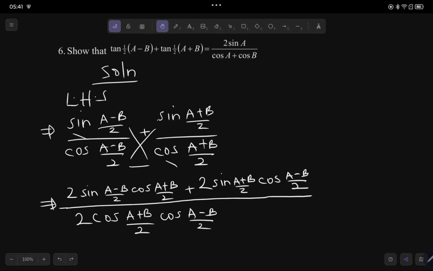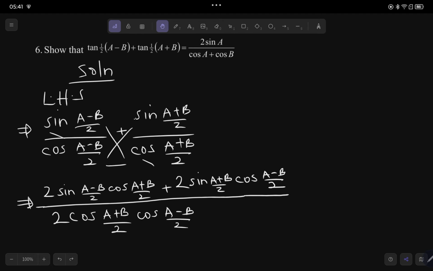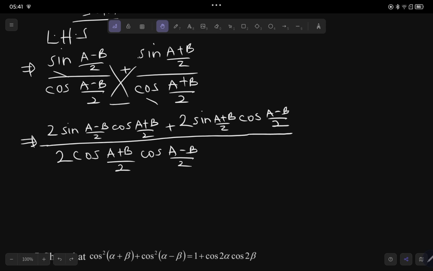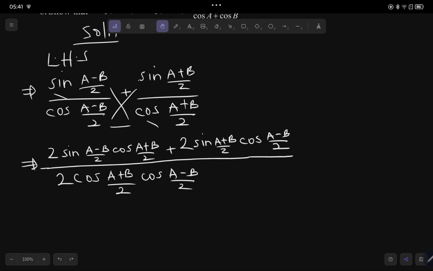So what happens? We realize that the first one, this one alone, 2 sin of a minus b over 2 cos of a plus b over 2. If you remember, this was sin a minus sin b in the factor formula.